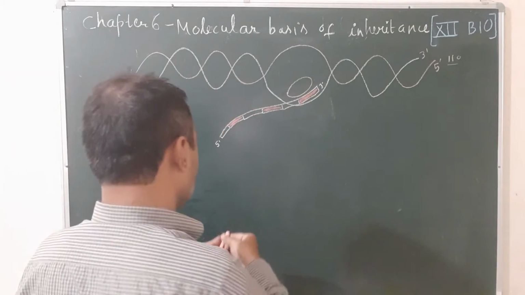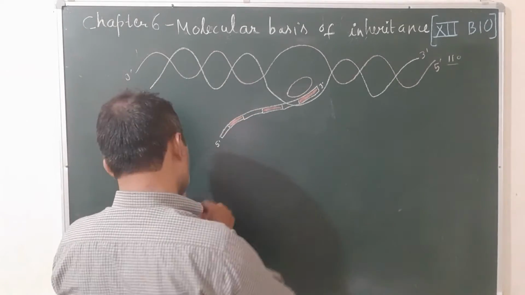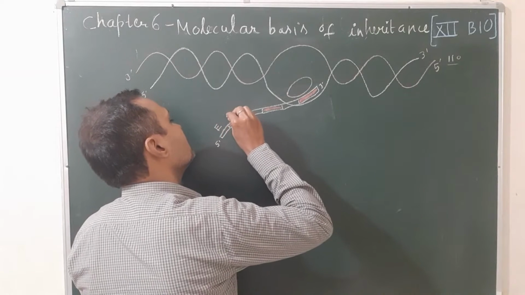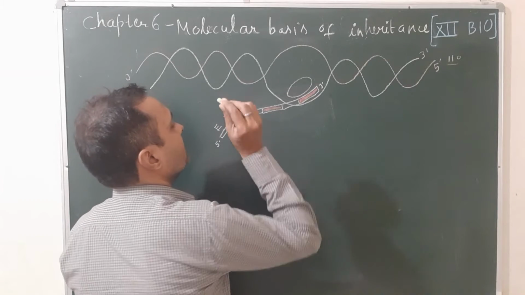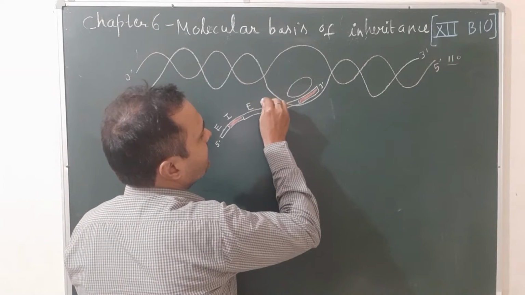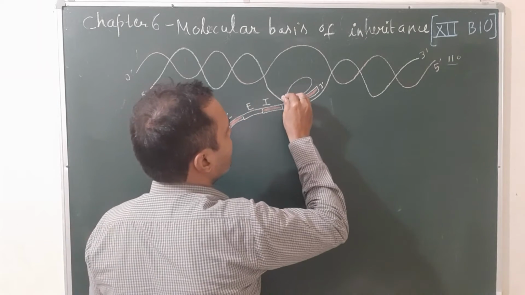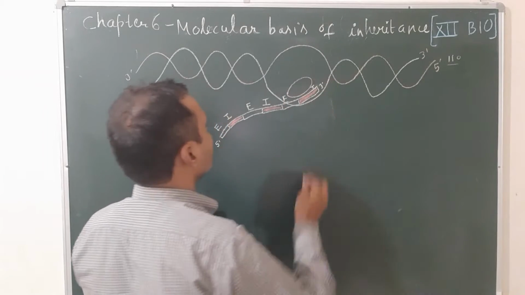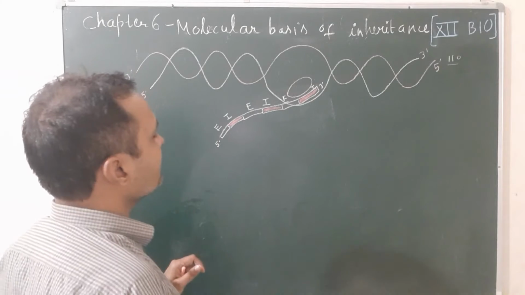This green one represents the coding region, that is known as exon. This red one is intron. Again, this is the exon, and this is the intron. Again, this is the exon, and this is the intron. So how many total exons? 3, and introns also 3.